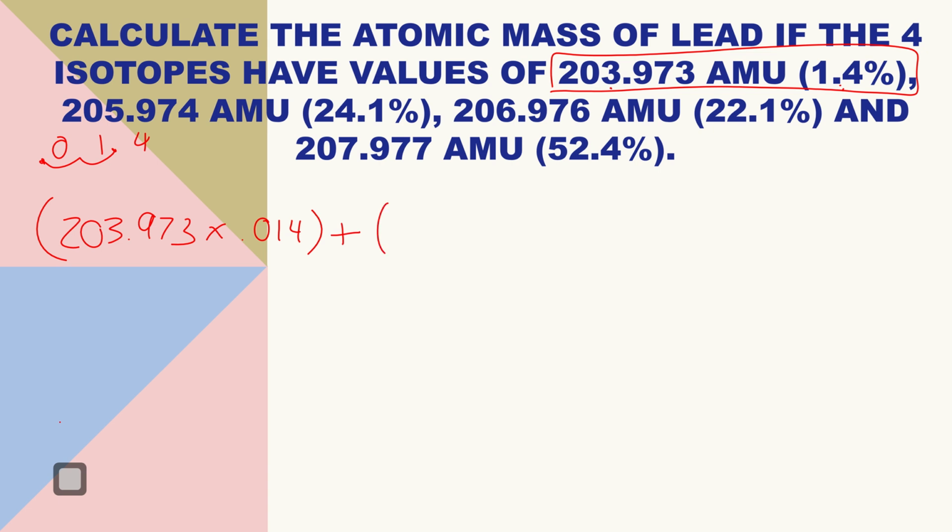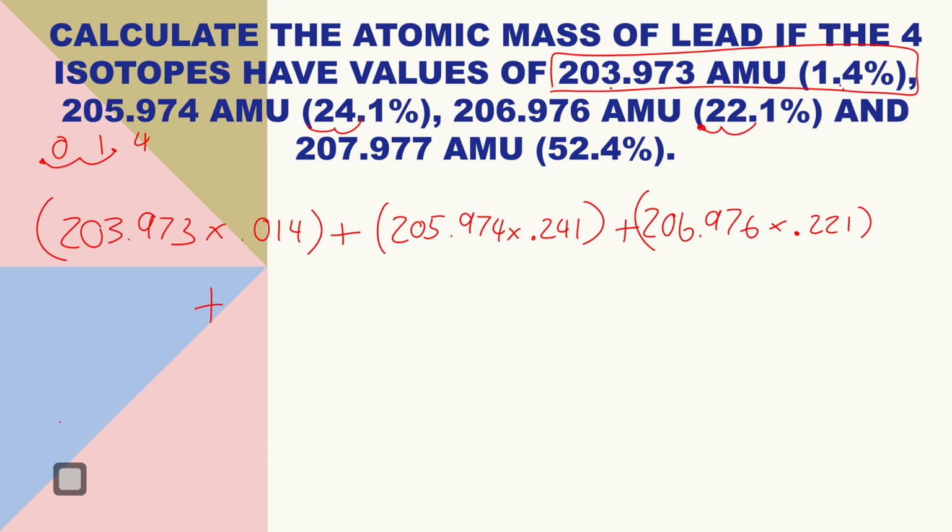I mean, the big thing is that you don't accidentally mix them up. 205.974 times 0.241, plus 206.976 times 0.221, plus 207.977 times 0.524. What does that equal?